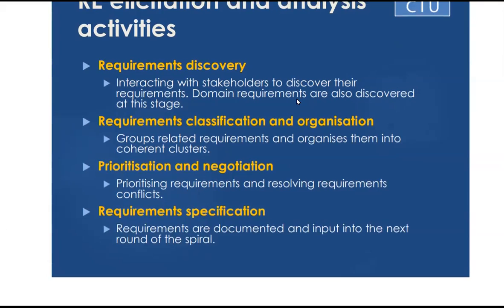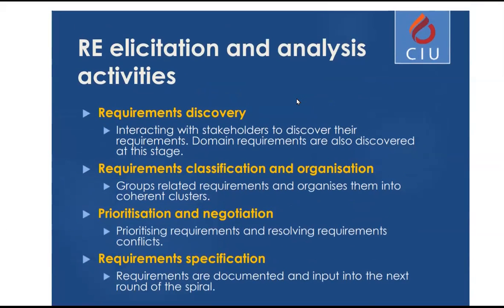This is a common practice. Instead of taking them as separate steps, they are combined, because it helps to communicate with the stakeholders to discover the requirements, both business and domain requirements, and it also helps to prioritize the requirements specification.